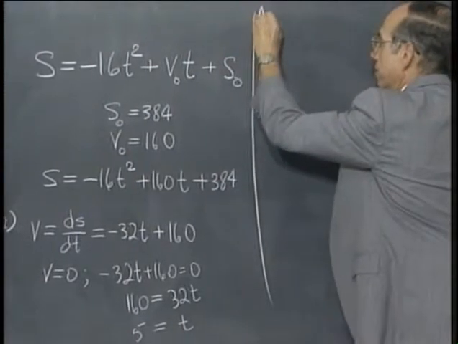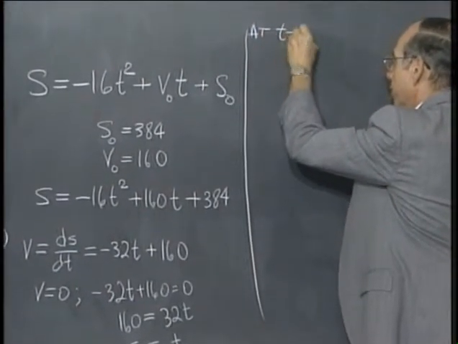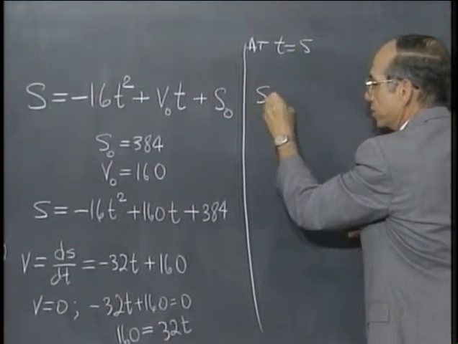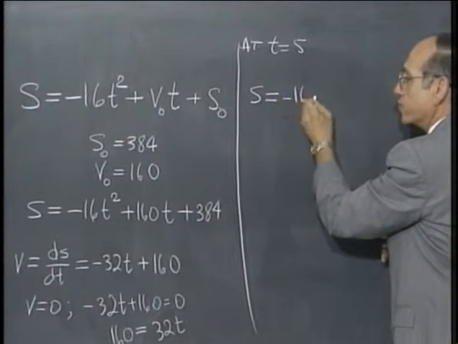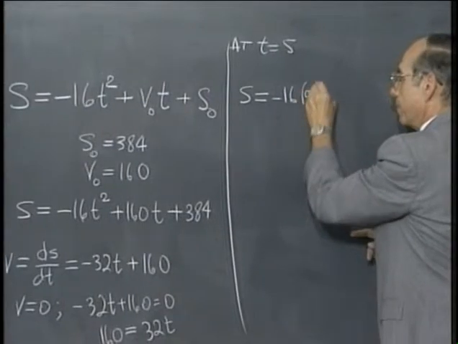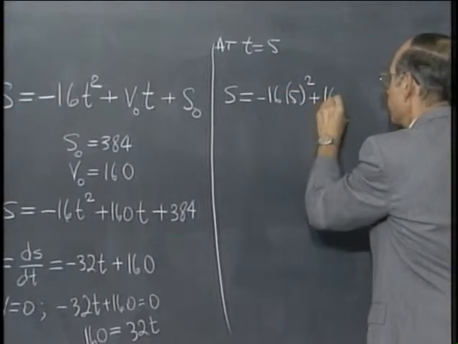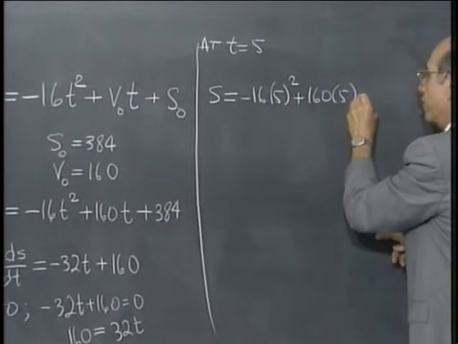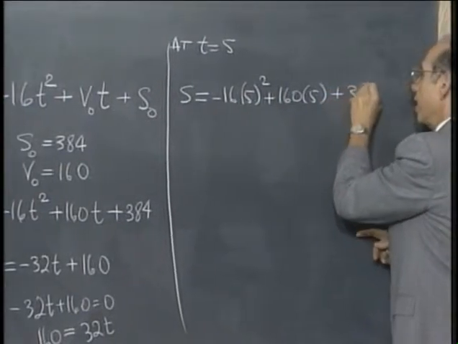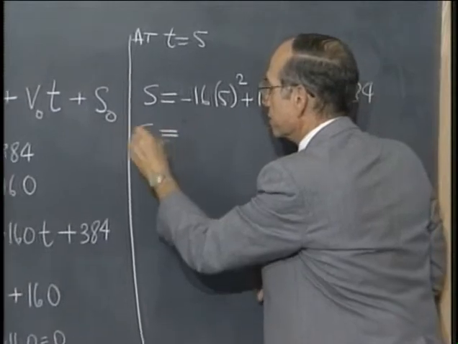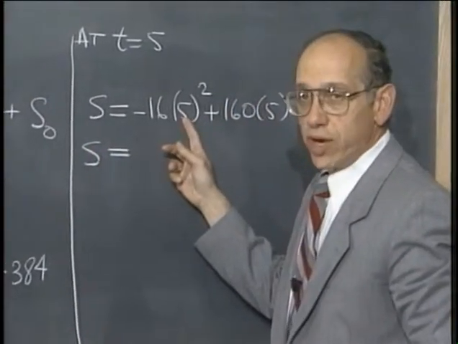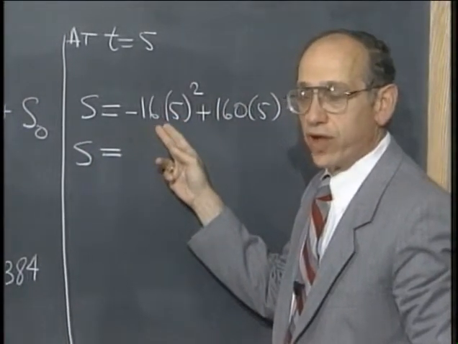So at t equal 5, s is equal to minus 16 times 5 squared plus 160 times 5 plus 384. Now let's see how good my arithmetic is. 5 squared is 25. 16 times 25 is 400.